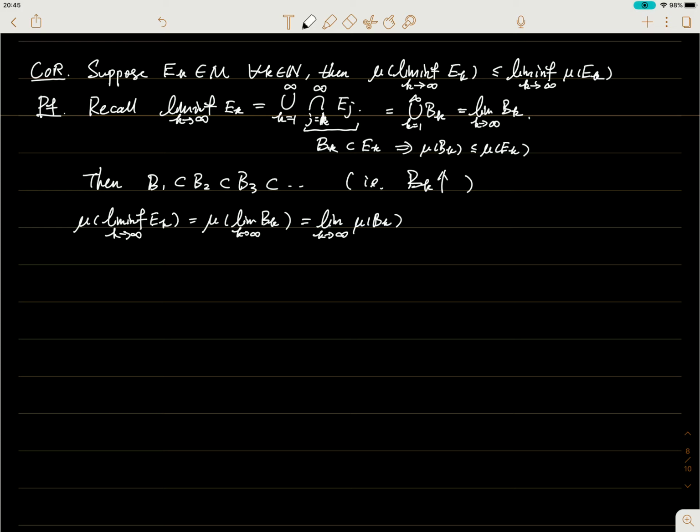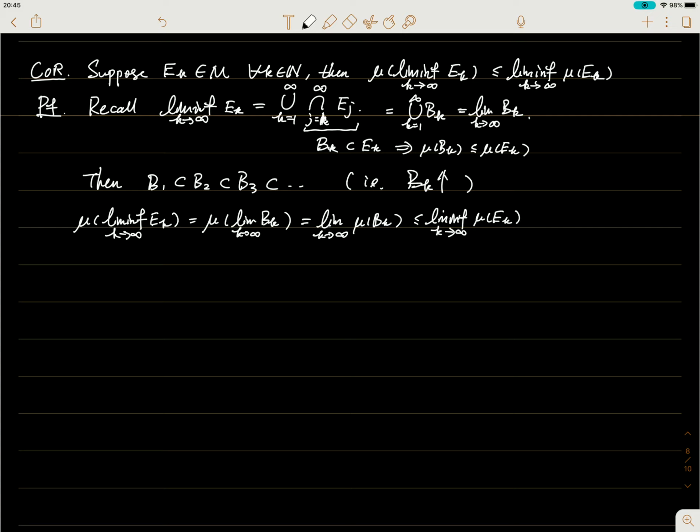Okay, so on the left, the limit of this measure of B_k exists, as we showed, and is just this quantity here. So the limit exists, and as we showed, this is always less than or equal to this, which means the limit must be less than or equal to the lower limit of the measure of E_k.